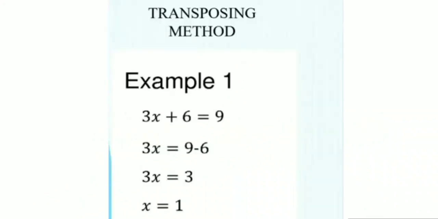Now let's see the second method, that is transposing method. See the equation, this example 3x plus 6 is equal to 9. Okay, this is the question and here we will use the second method, means transposing method. So plus 6, this side means right hand side will become minus 6. What is 9 minus 6?